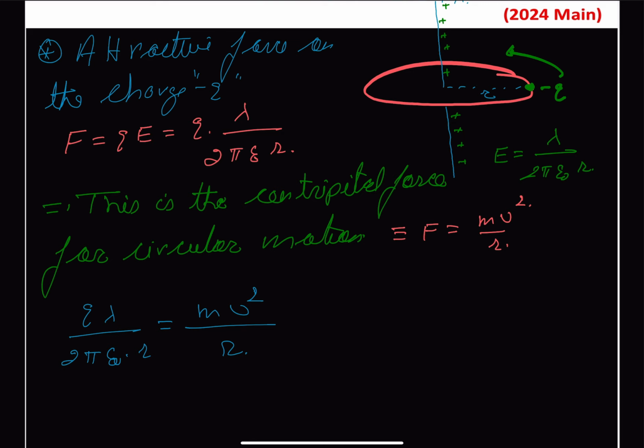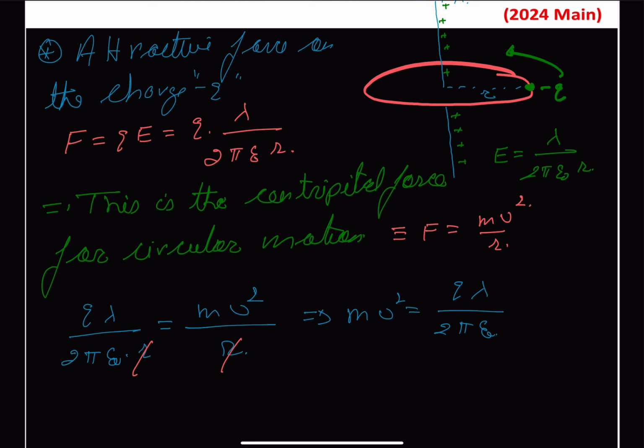And here this r and r cancel out, and we can say that our mv square is equal to q lambda upon 2 pi epsilon naught.